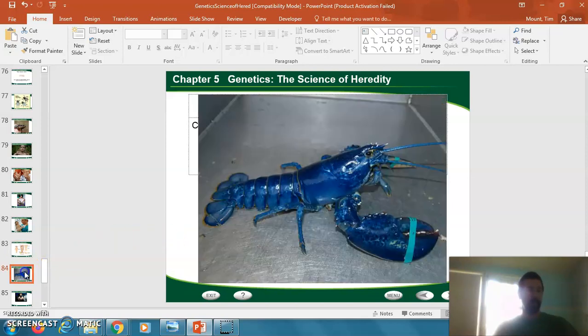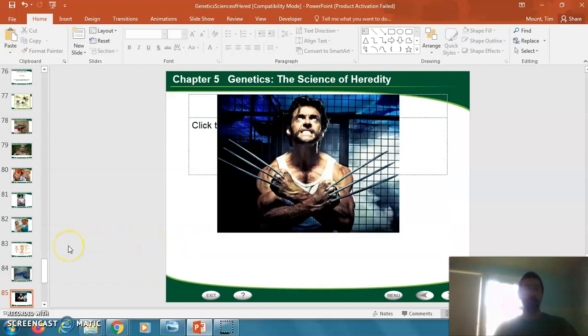Here's the next one here. Might look fake, but it is a blue colored lobster here. You're used to seeing red lobsters, of course, but this one has a blue color, some type of mutation or a different type of species of lobster here. And the last one is fake, of course, but they do talk about mutations in X-Men and things like that.